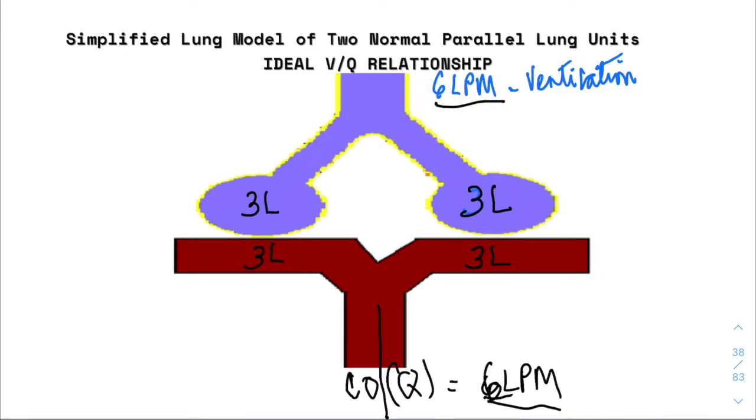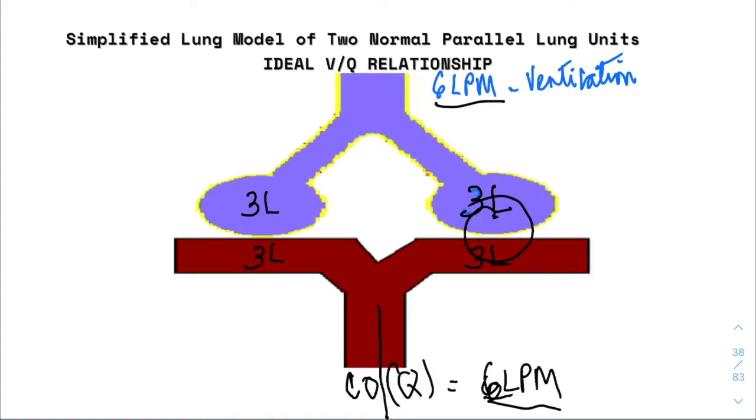Ventilation and perfusion should be equal for gas exchange between the alveolar gas and your pulmonary capillary blood, so there is optimal gas exchange.